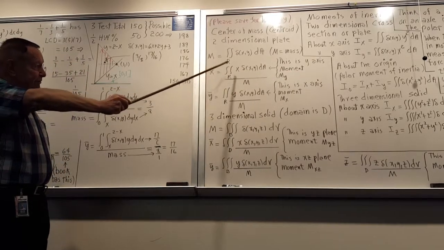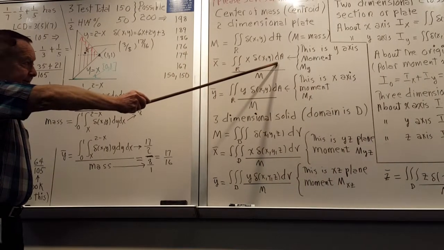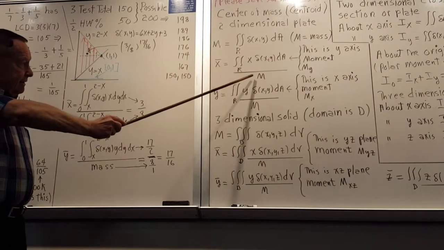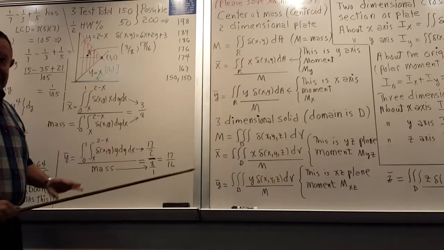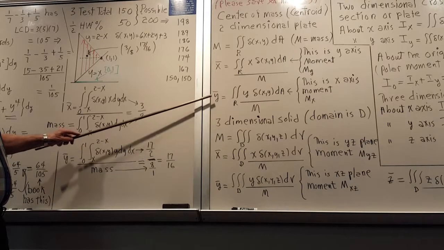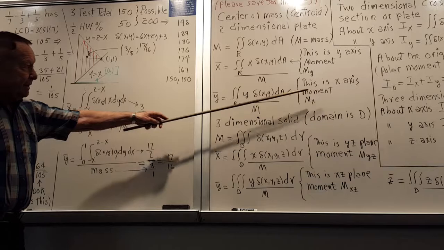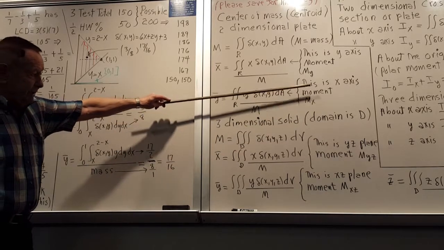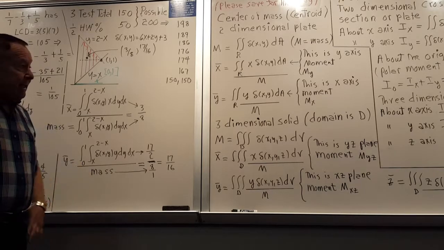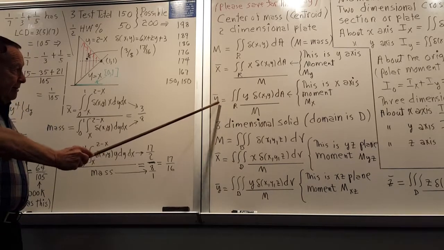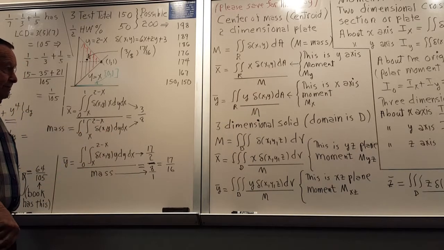So your x bar will be x, your variable density integrated over the region, divided by the mass, which would be this integral over the region. In the same way, y bar would be y times the density, and this numerator would be the moment relative to the x-axis. And again, your y bar would be this moment divided by the mass.